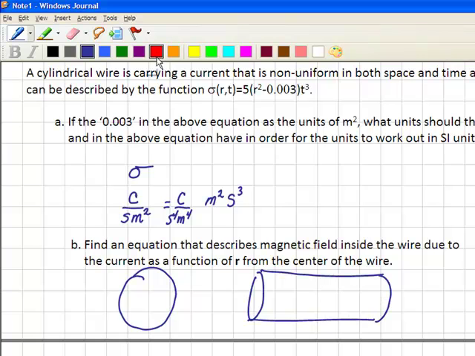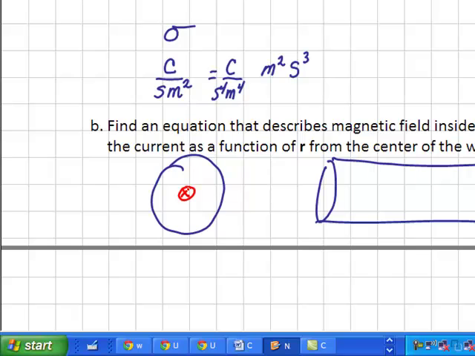In the cross-sectional view, by looking at the function, we can see that the charge density, I should say current density, is greatest at the center of the wire, and then the current density is weaker and weaker as you get closer to the outside edge of the wire.